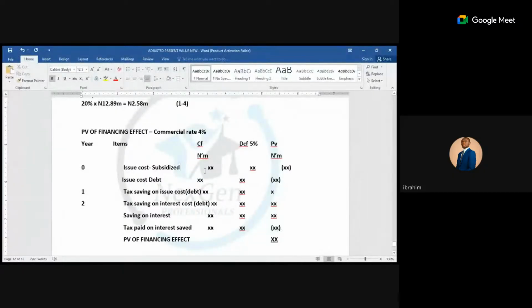What is the issue cost on subsidized? 10.52.